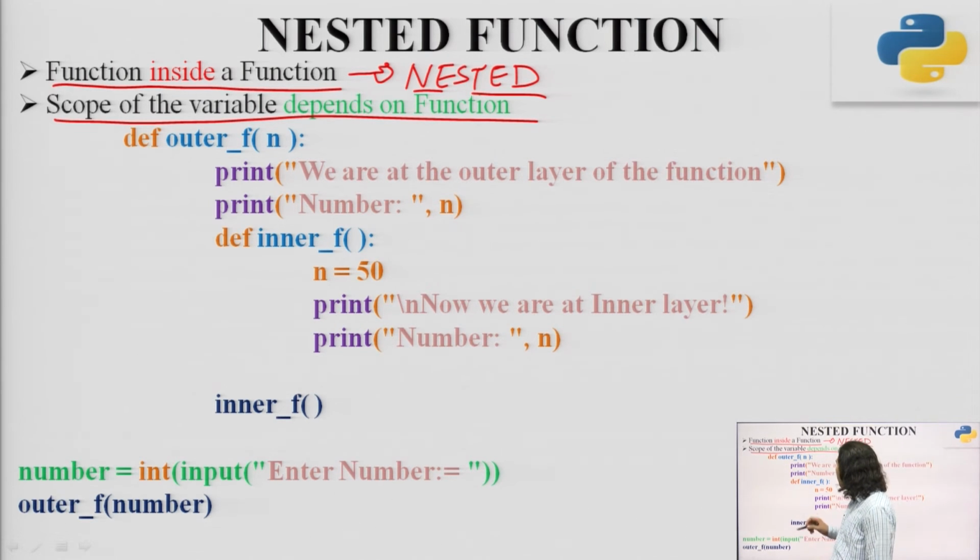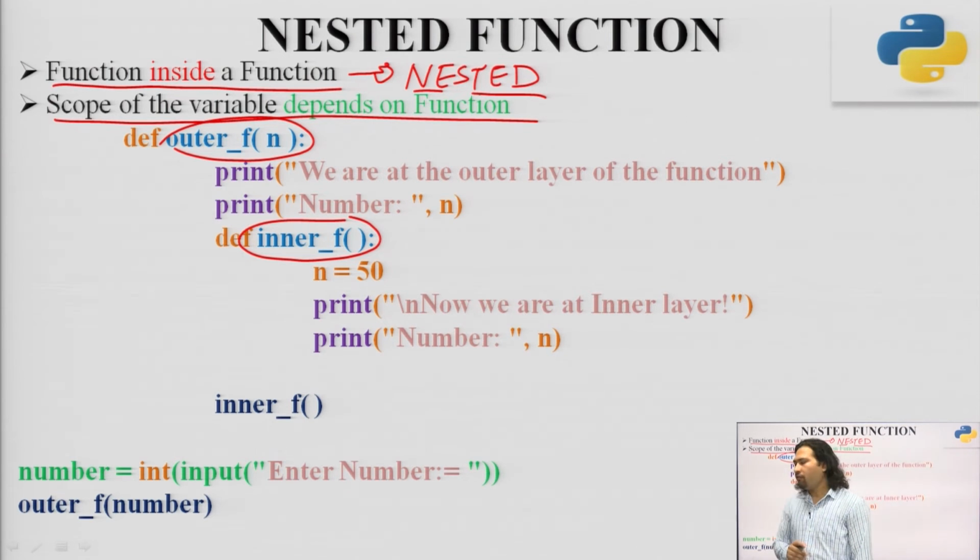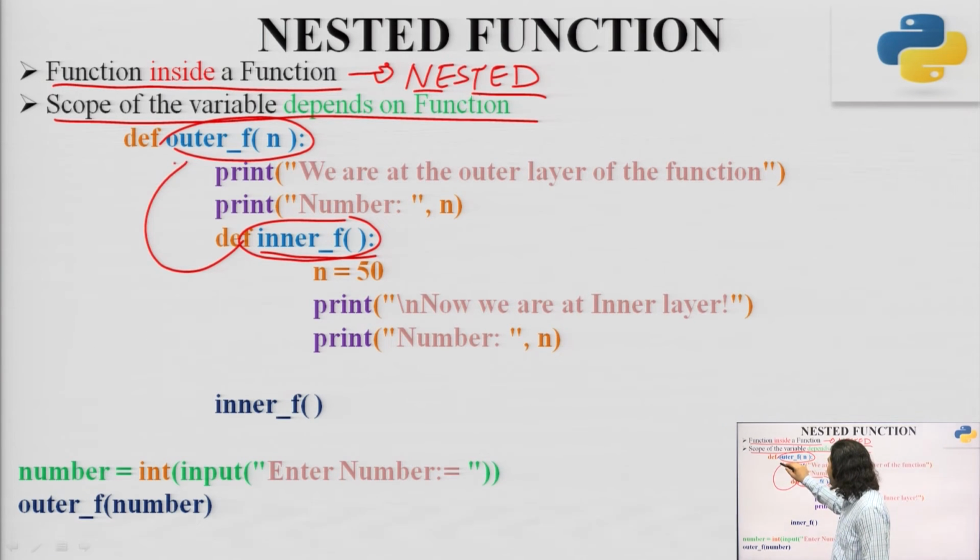So, here we have taken an example with two functions, one is the outer function and the second is the inner function. We are going for the nested function, and we have seen that the definition of the inner function is inside the definition of the outer function.